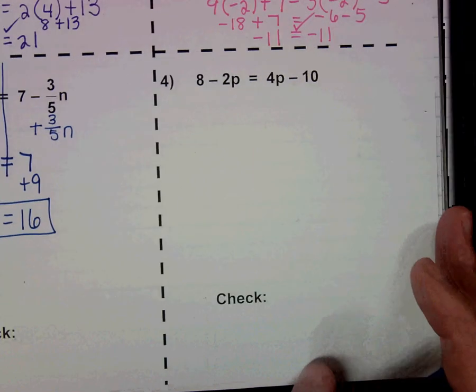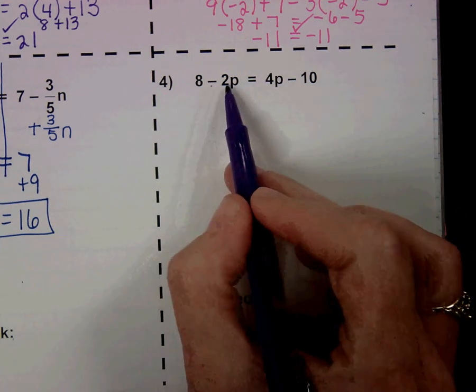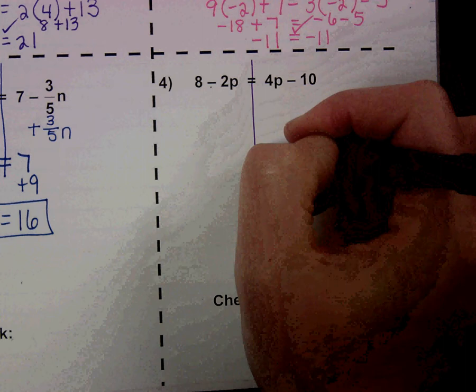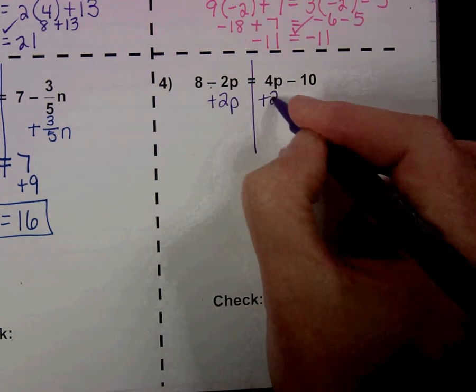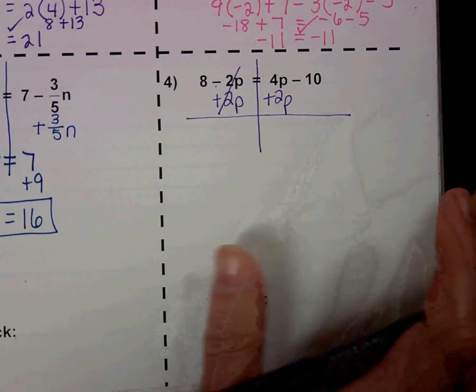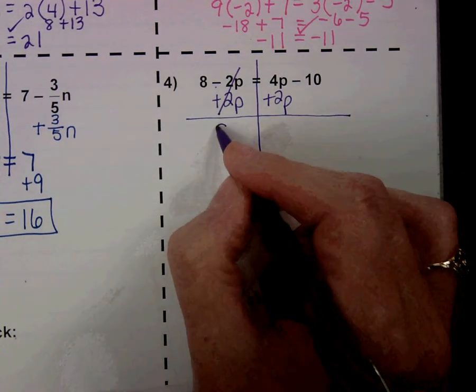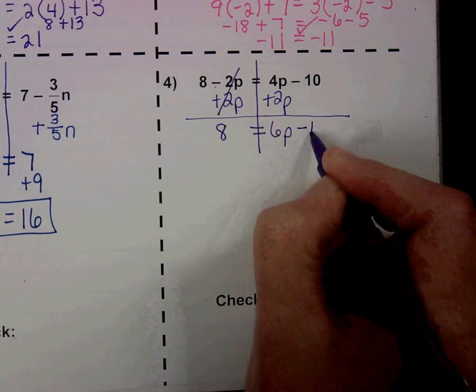Okay, the last problem. I'm going to move my variables to the right this time. So I have a negative 2p, and so the opposite is going to be to add 2p. Okay, remember we're creating zero pairs, that's why we're doing the inverse operation. And we get 8 equals 6p minus 10.